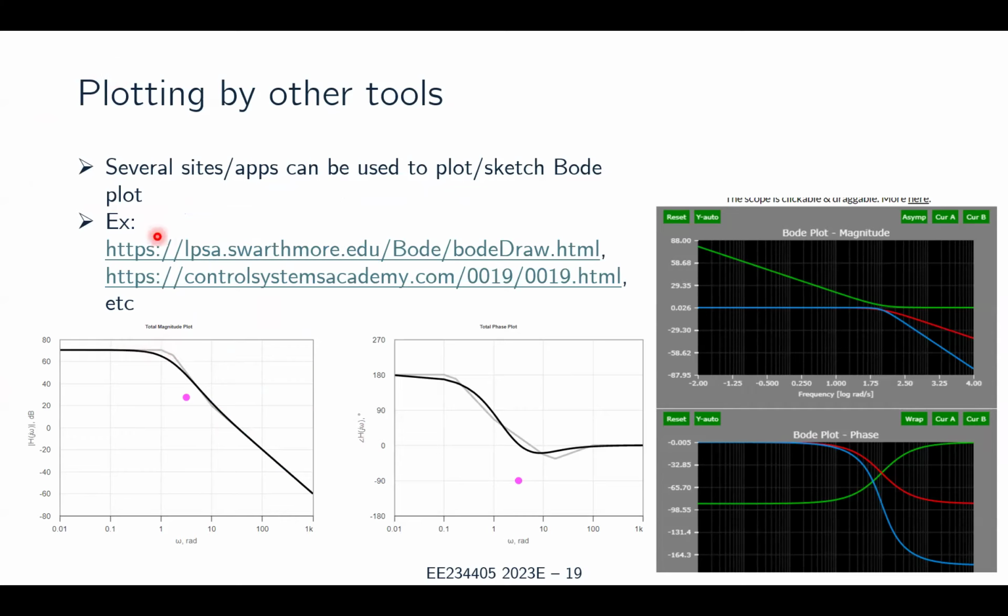For example, this link on top has a nice comparison between the exact value on the black line, and the asymptotic value presented by this gray line, and you can adjust by adding some factors or removing some factors, and it would be useful to learn about this Bode diagram, right?